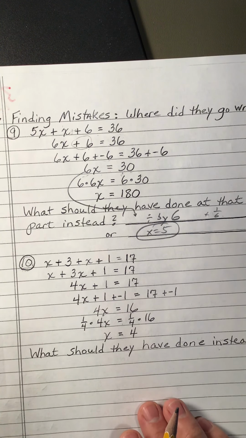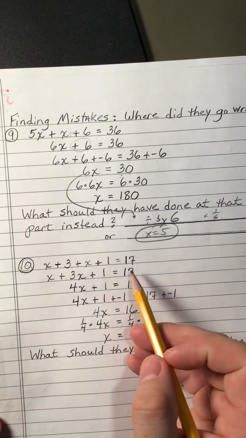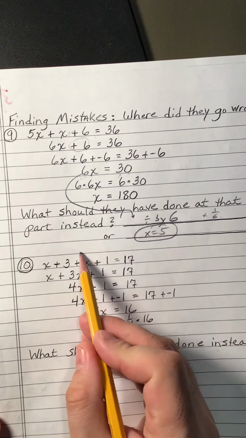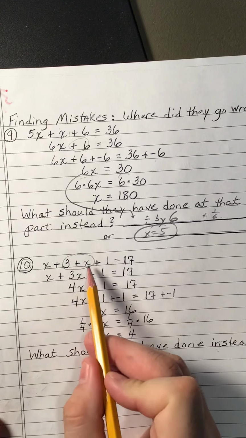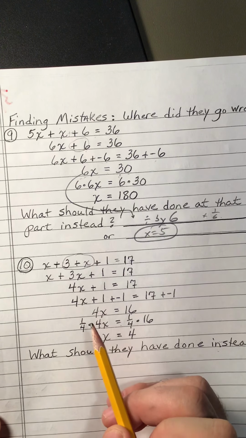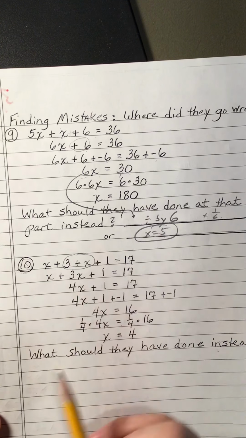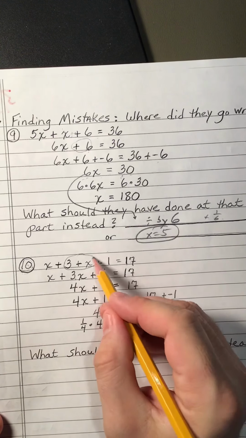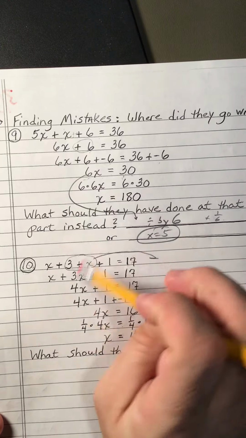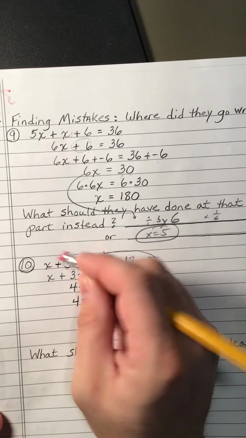x plus 3 plus x plus 1 equals 17. Looks like the first thing they did is they combined 3 plus x. Are those like terms? They are not. You cannot combine a 3 and an x. So they went wrong right off the bat. What they should have done, I'm going to erase that.